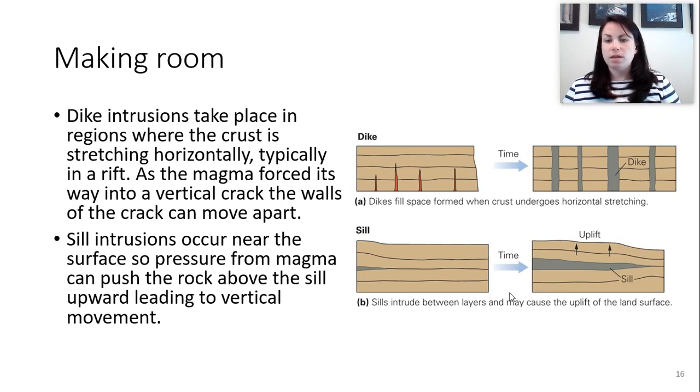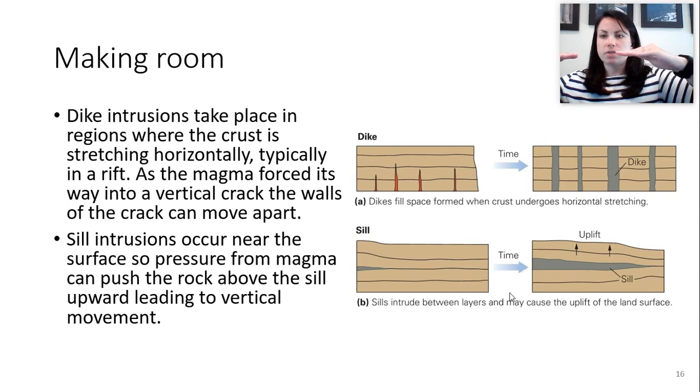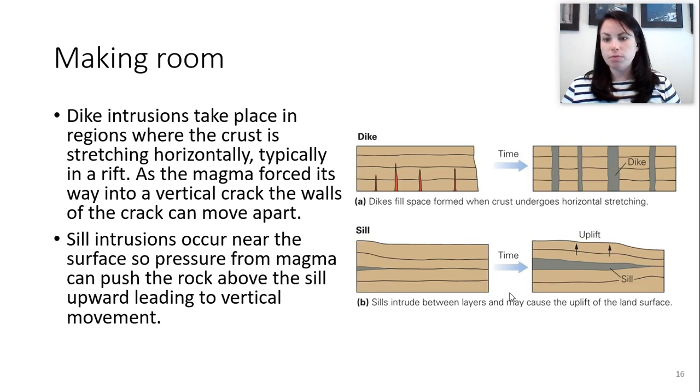So instead of having vertical intrusions, we're having horizontal intrusions. And as you squeeze magma between layers, it's going to cause the overburden to uplift and to move.